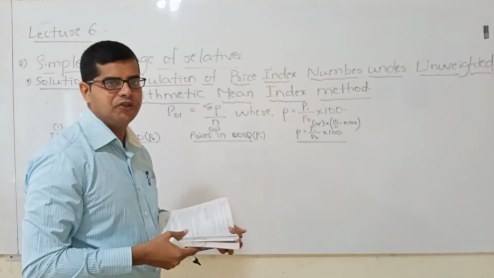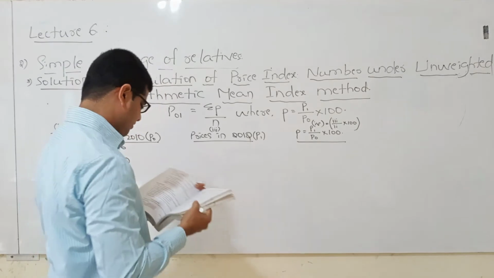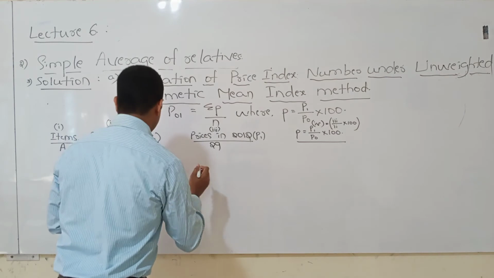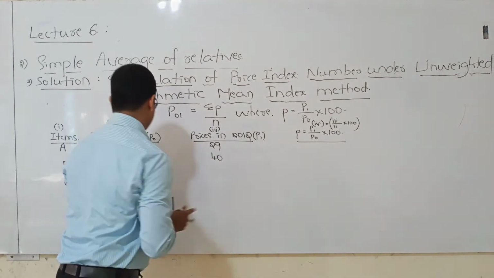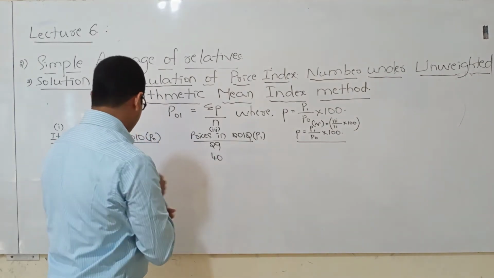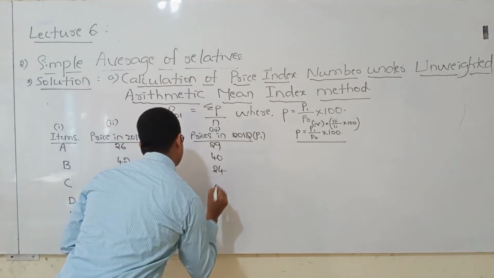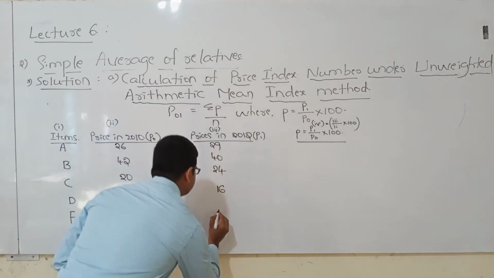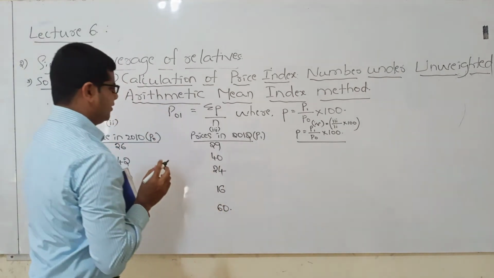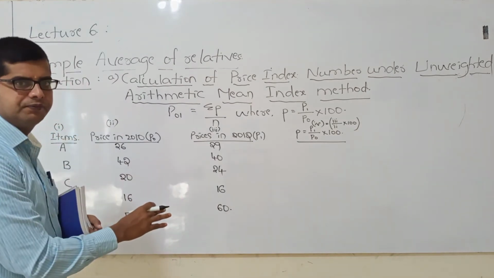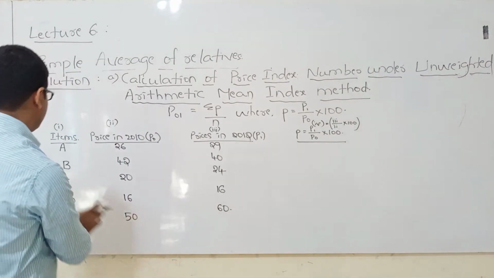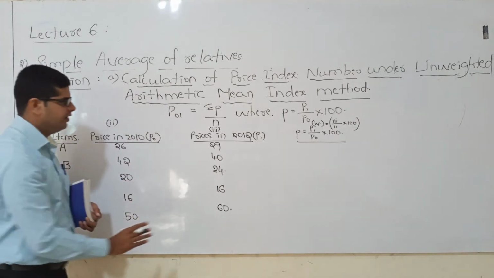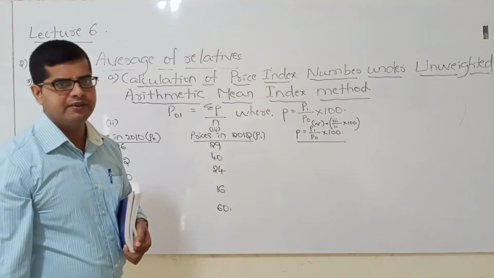Price in 2012, P1: 29, 40, 24, 16, 60. Till this they have given in the question. Items are given, prices in 2010, base year, prices in 2012, P1, all given.